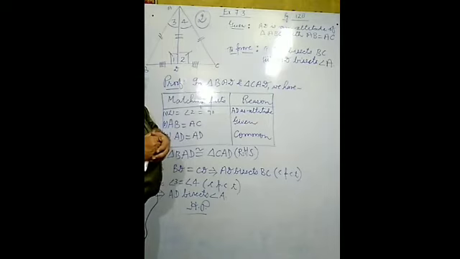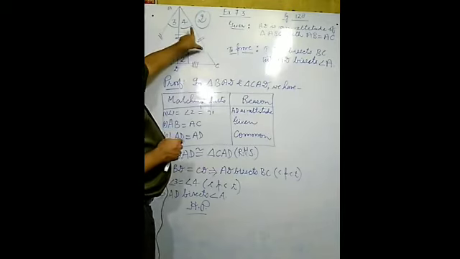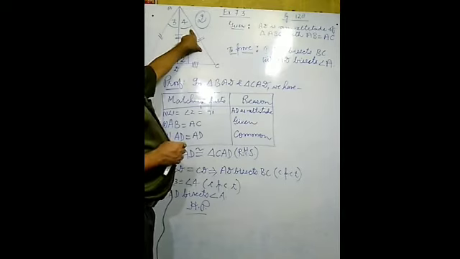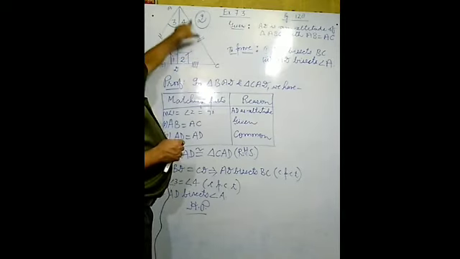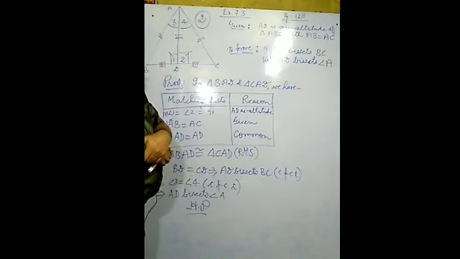This is the first reason. The second matching part, AB of this triangle equals AC of this triangle, because triangle ABC is an isosceles triangle with AB equal to AC.